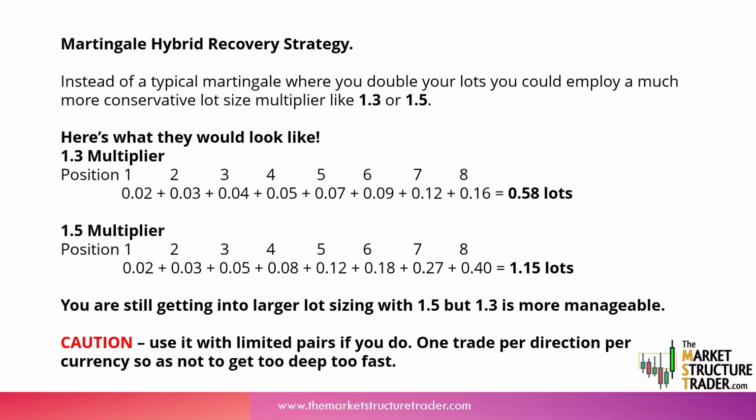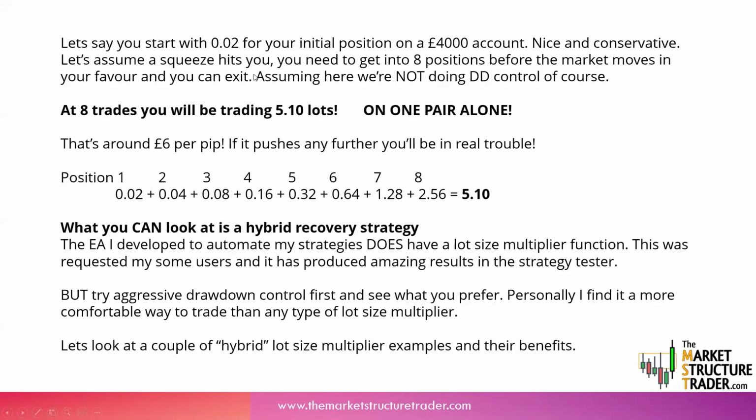Okay, so it's basically like Martingale, but it's not. So instead of a typical Martingale where you double your lot size, you would employ a much more conservative lot size multiplier, like 1.3 times the size or 1.5 times. Okay, so using the same analogy we had on the previous slide, of our trade where we enter with a 0.02 and it goes 8 positions against us, where we were trading 5.1 lots.